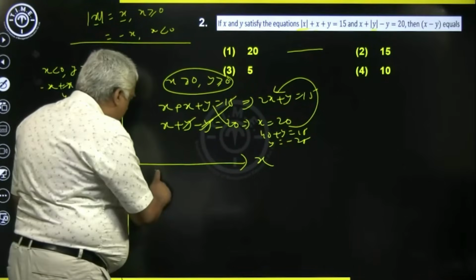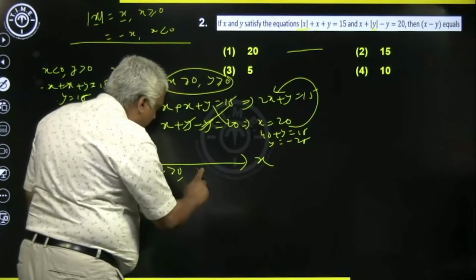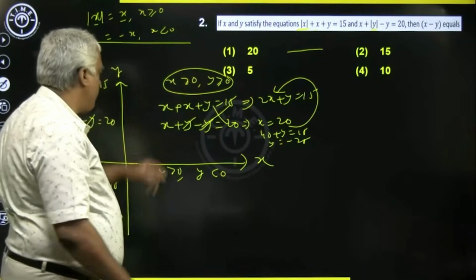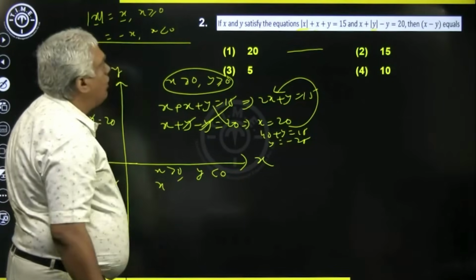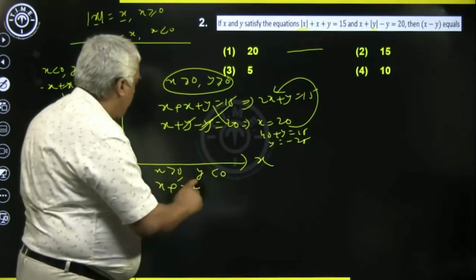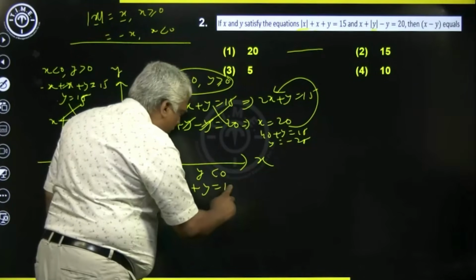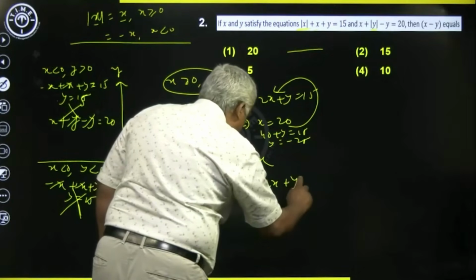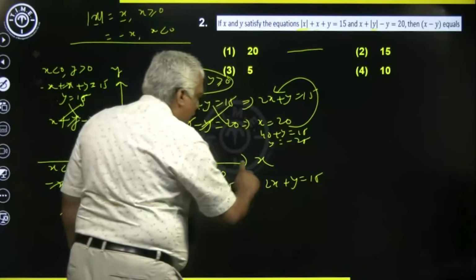Here x is positive, y is negative. For the first one, |x| will be x, so x + x + y = 15. That means 2x + y = 15.